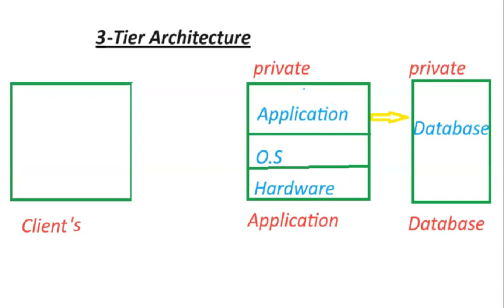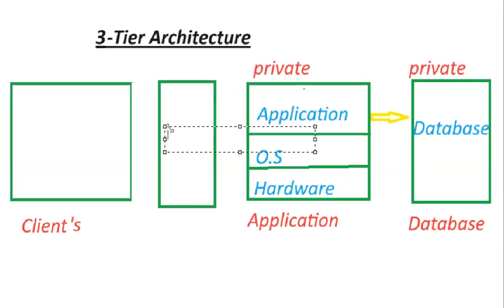So what is present in between my client layer and my application layer, that is responsible for communication between my client and my application?